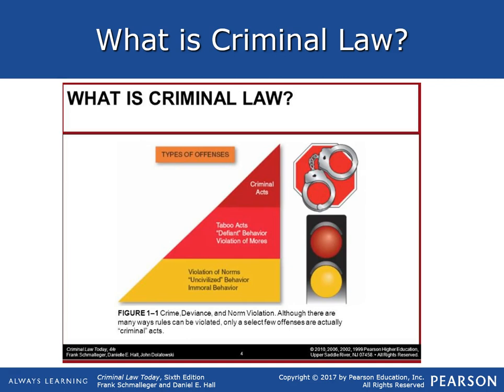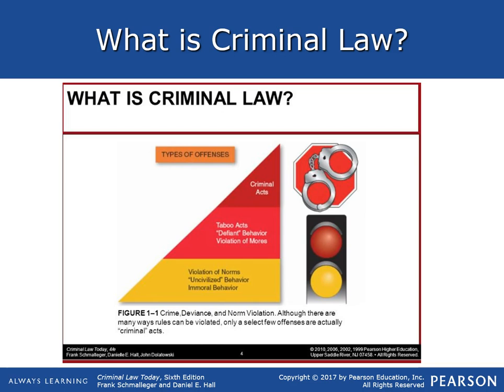So when you look at this diagram that I have in front of you, looking about what is criminal law, we can start at the top and we can look at the different types of offenses. Well, we have criminal acts, and then we have what we call maybe taboo acts, and this is defiant behavior, violation of mores, if you will.